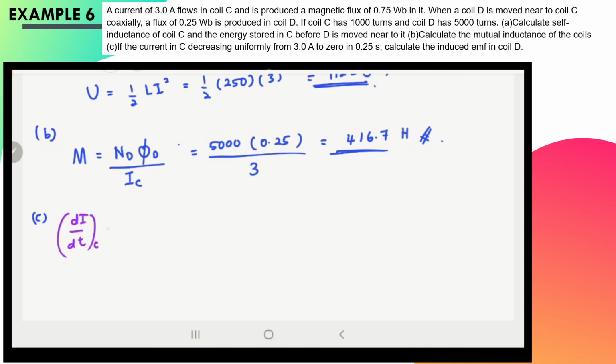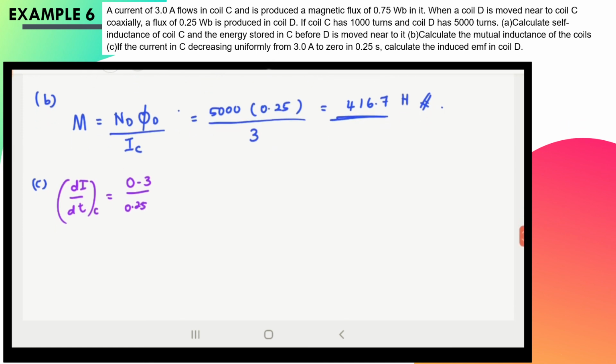Okay, for question C, if the current in C is decreasing uniformly, that means di over dt in C, from 3 to 0 over 0.25 seconds, calculate the induced EMF in coil D. So we want to find the induced EMF in coil D. As we know, induced EMF is equal to negative M times di over dt.